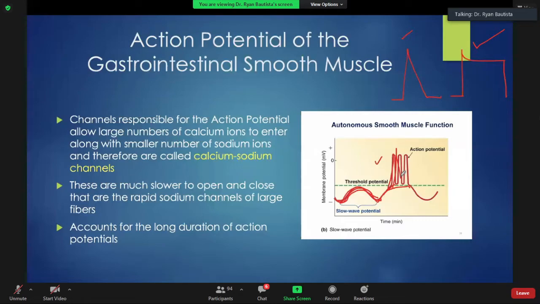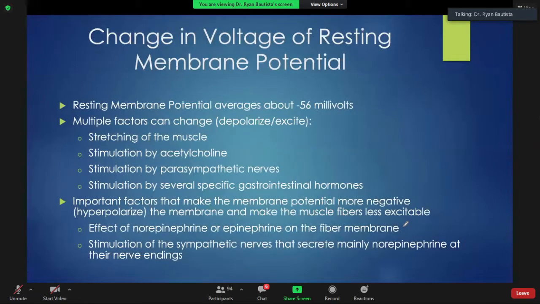Okay, so the resting membrane potential is around negative 56. The slow wave is 5 to 15 millivolts, so it raises it to around negative 40 or 50, depending on the signal. And then you have factors that depolarize it and put it into a spike potential.